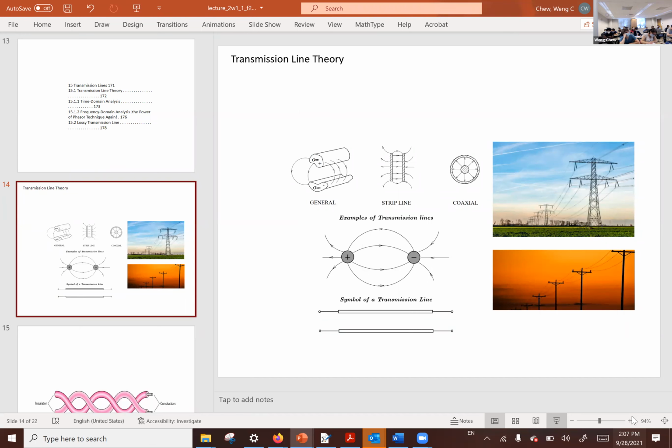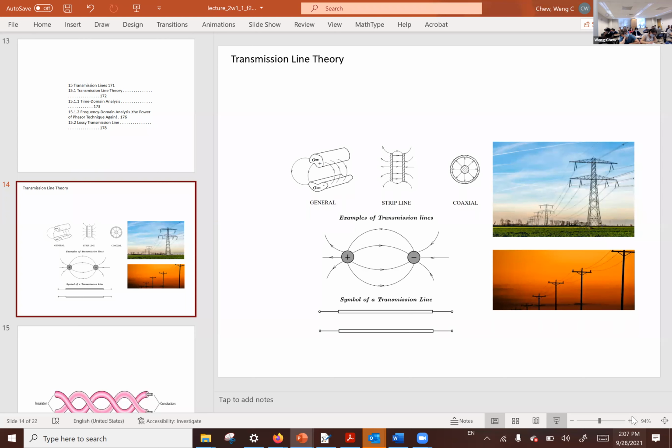A power line is something that operates around 60 hertz, so the wavelength is long, and you still think of the power line as complicated, but the transmission line is more complicated. You have to include the propagation effect. So how can we see the propagation effect in a transmission line? That will be the next topic.